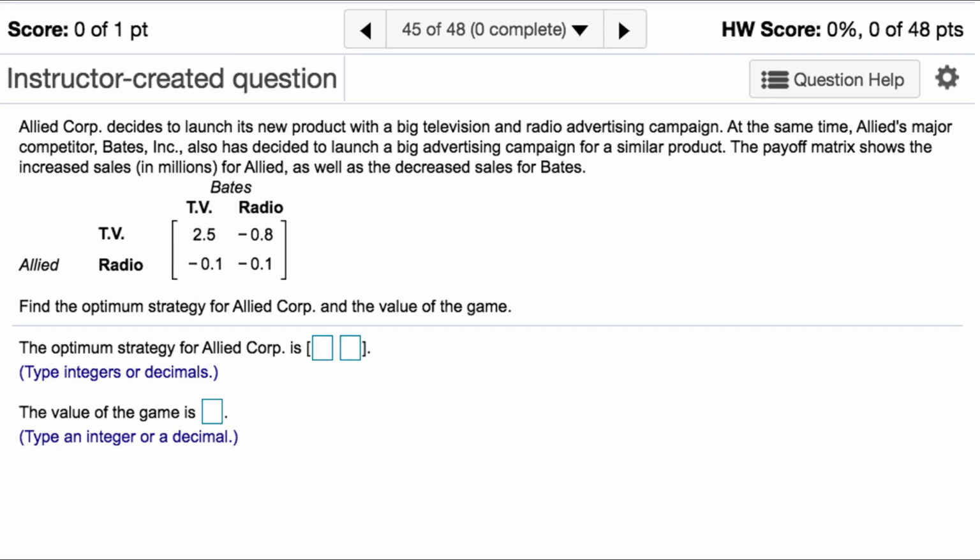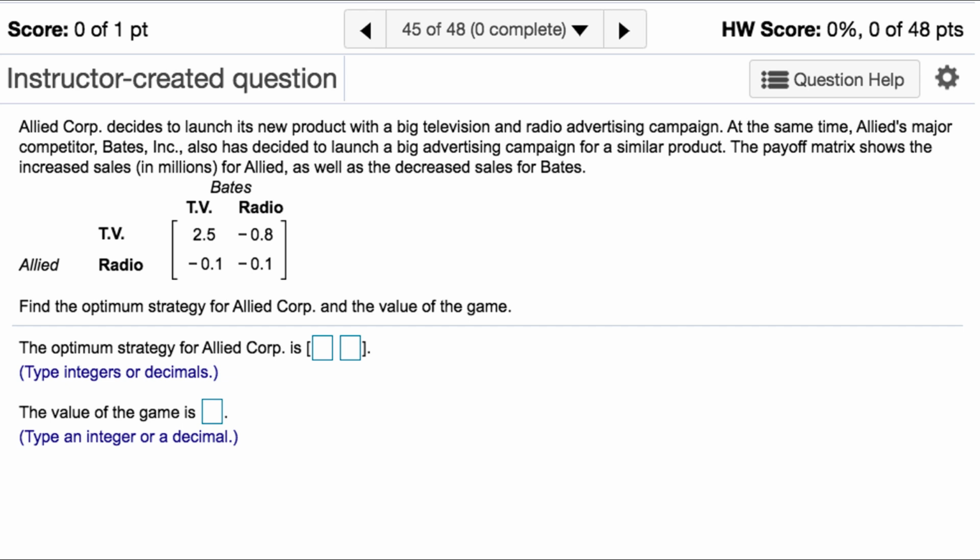All right, another game theory one. Allied Corp decides to launch its new product with a big television and radio advertising campaign. At the same time, Allied's major competitor, Bates Incorporated, has also decided to launch a big advertising campaign for a similar product. The payoff matrix shows the increased sales in millions for Allied, as well as the decreased sales for Bates.